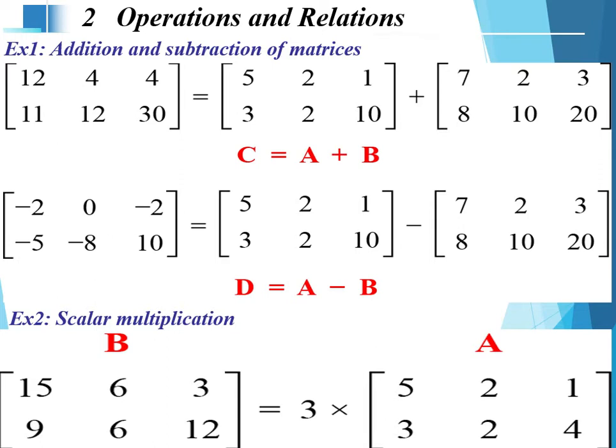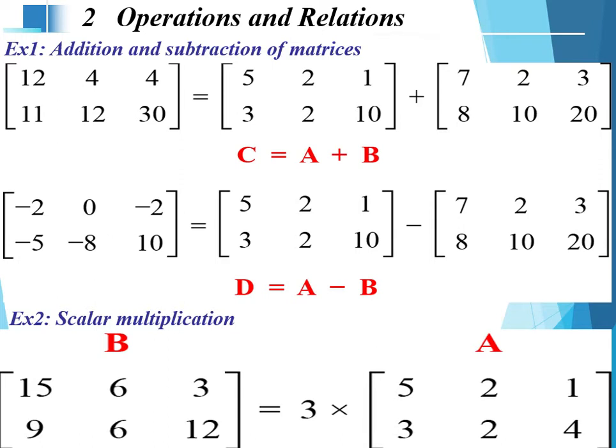Secondly, we discuss the operations. First, we discuss the addition and subtraction, in which two matrices can be added if they have the same number of columns and rows.